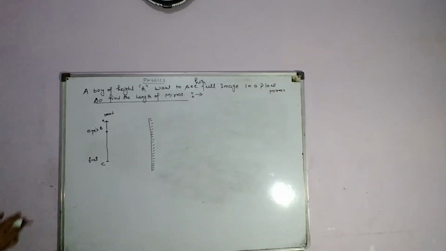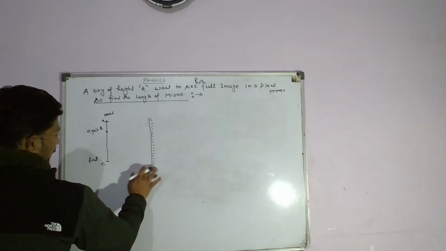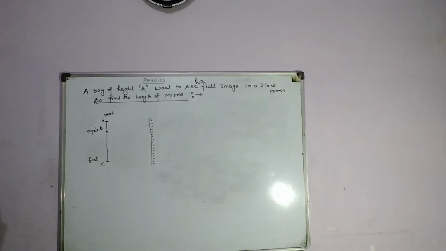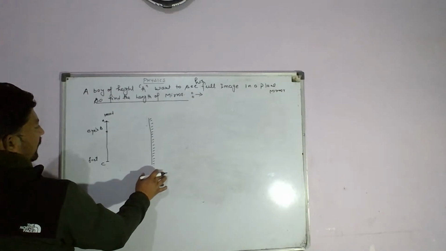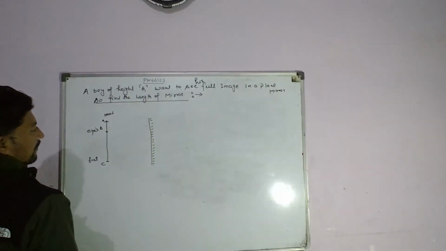So you want to see the full image. We take the full length of the image, but after I solve this concept, we will find how much length of mirror is required for the boy to see the full image.